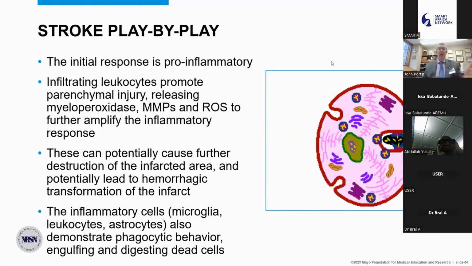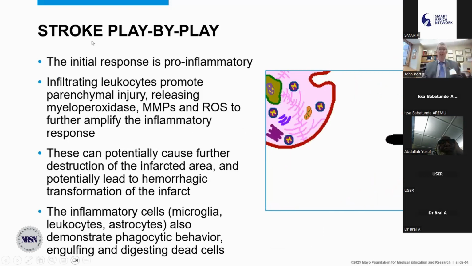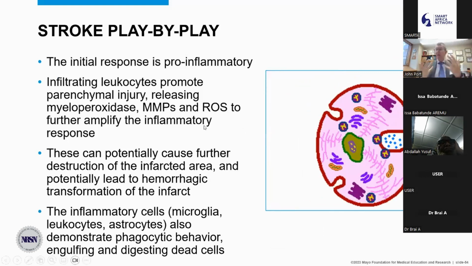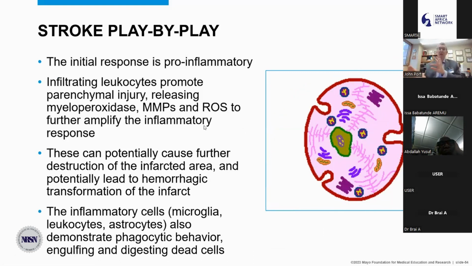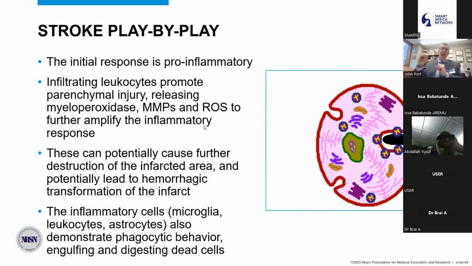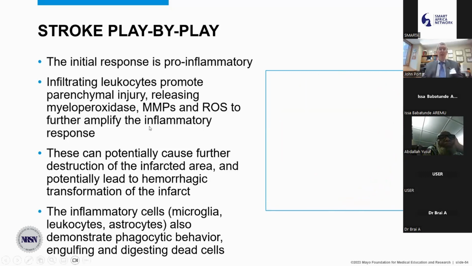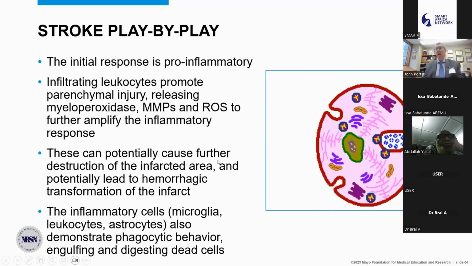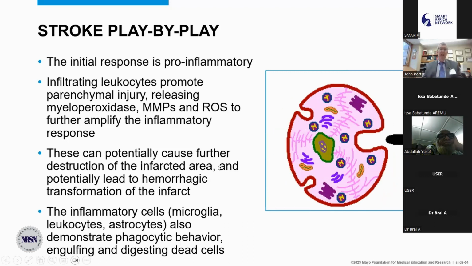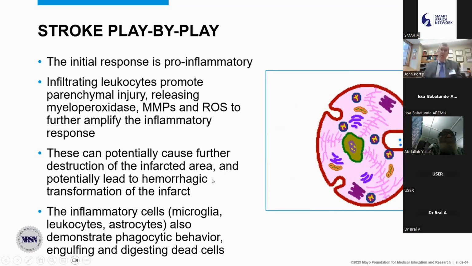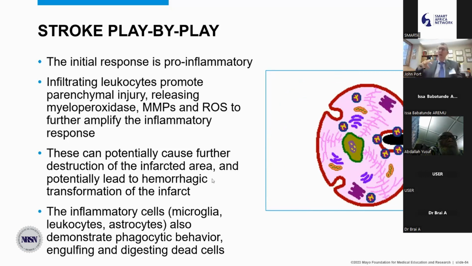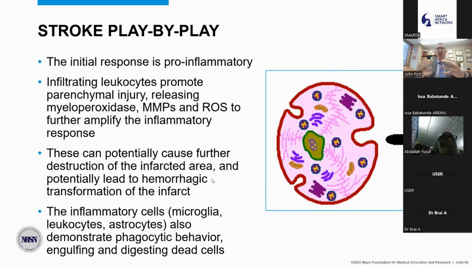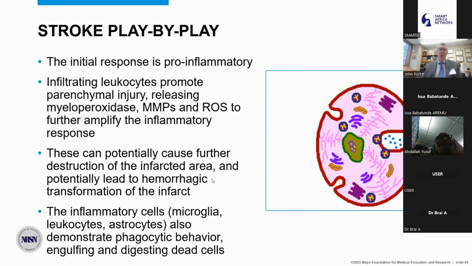They release myeloperoxidase and some other cytokine-like things to amplify the inflammatory response. They go and find dead tissue and they dissolve it and they get rid of it. And these can cause further damage to the area. And in fact, that can lead to hemorrhagic transformation of an infarct, as we've seen. They chew up a blood vessel that is still connected to arterial supply, and you get a little bit of bleeding, right? So this is an aggressive inflammatory response.